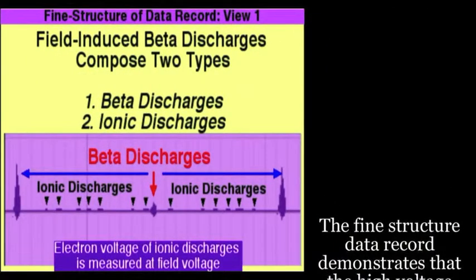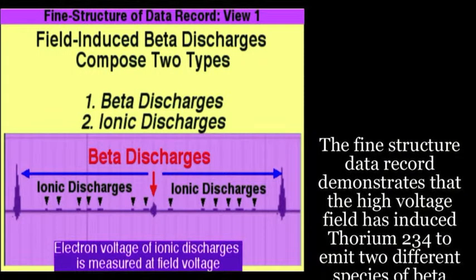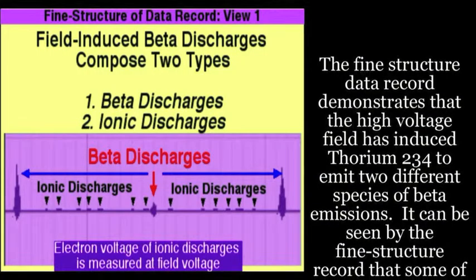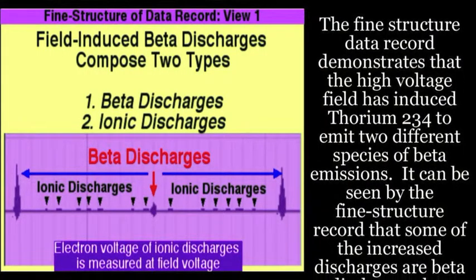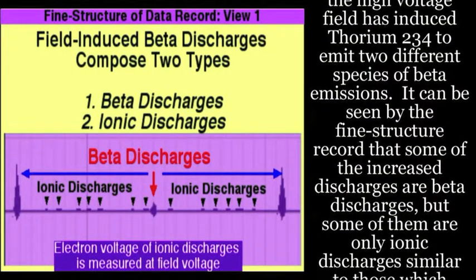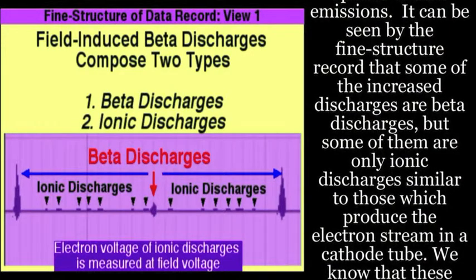The record demonstrates that the high-voltage field has induced thorium-234 to emit 2 different species of beta emissions. It can be seen by the fine structure record that some of the increased discharges are beta discharges, but some of them are only ionic discharges similar to those which produce the electron stream in a cathode tube.